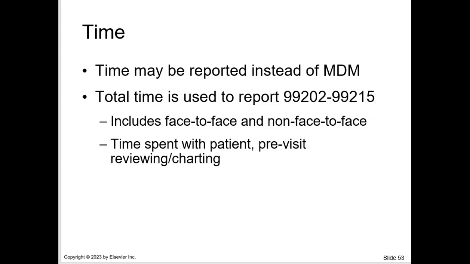They obtain or review separately obtained history. So they go into the patient and say, okay, I don't know if they asked this of you, but tell me about your family history of a certain diagnosis, right? That is included in time. Performing the appropriate exam, evaluation. So let's say the patient came in with really bad abdominal pain.